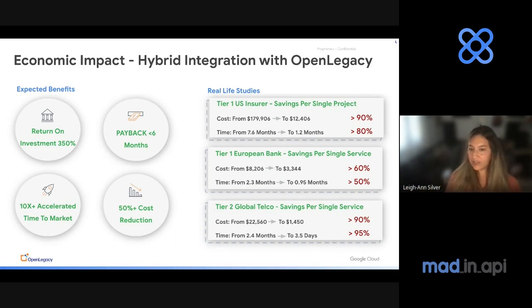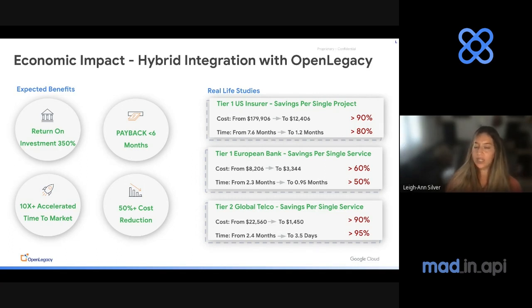So from real life studies, we can see at least 60% and above cost reduction, and at least 50% and above time reduction. You can expect payback ROI in 6 months, at least 10 times accelerated time to market, 50% plus cost reduction, and the return on investment is around 350%.